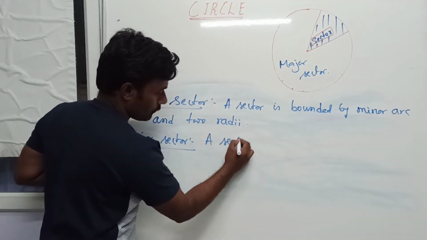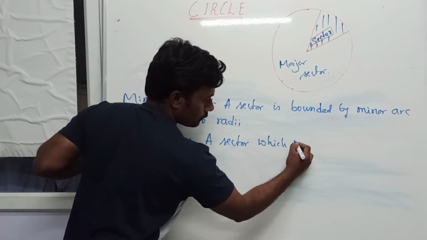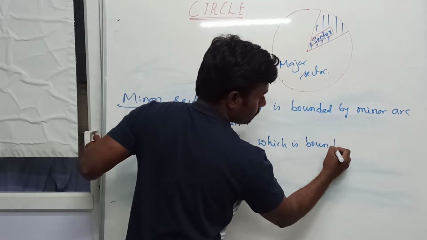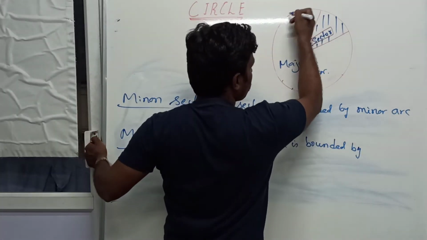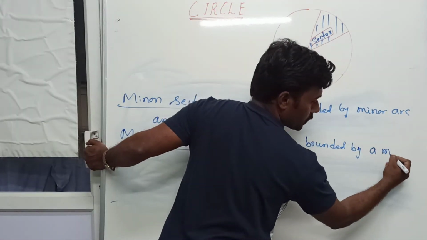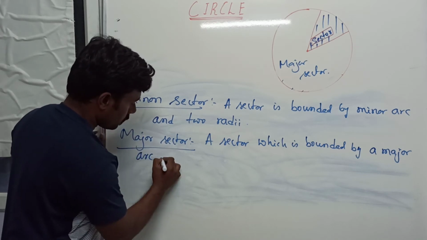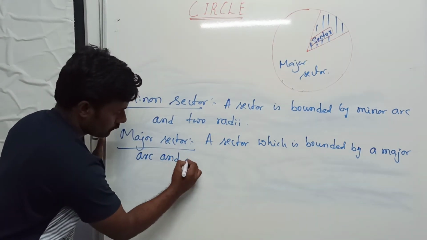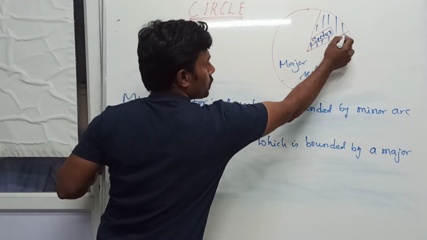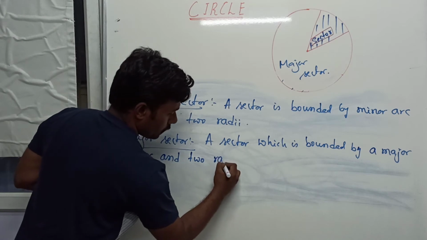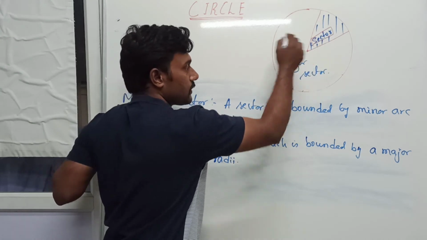A sector which is bounded by a major arc, from here to here, and two radii is called a major sector.